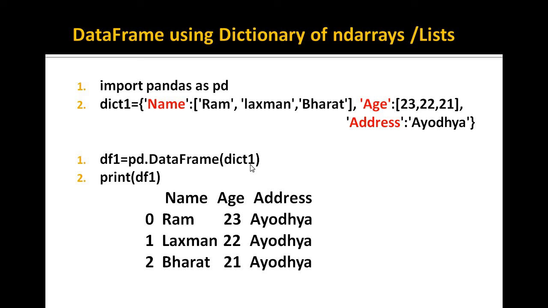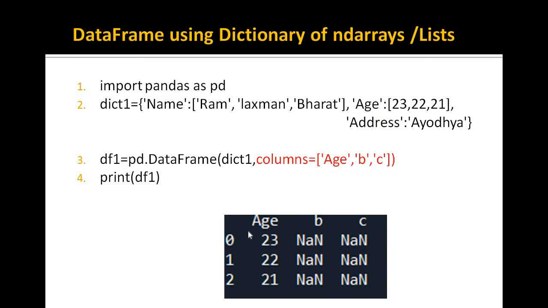But now if you explicitly provide the column names, that is age, B, C, what will happen? This data frame will match age with the key in the dictionary and assign 23, 22, 21 to the age column because it matched. It will then check for column B, and because there is no key matching B, it will create another column but will not provide any value.